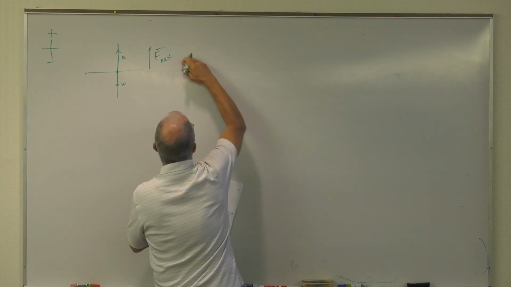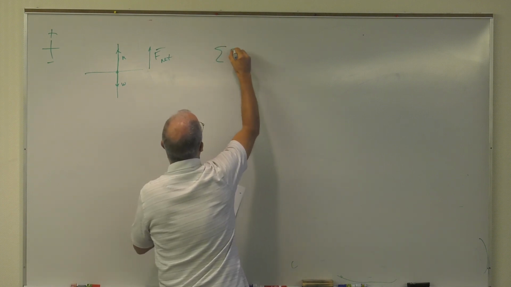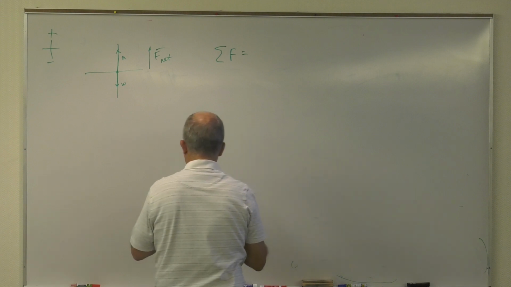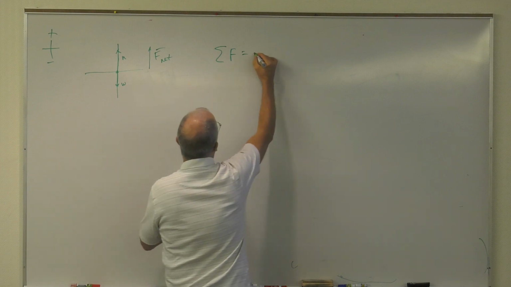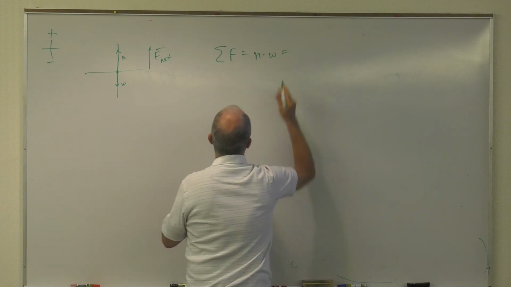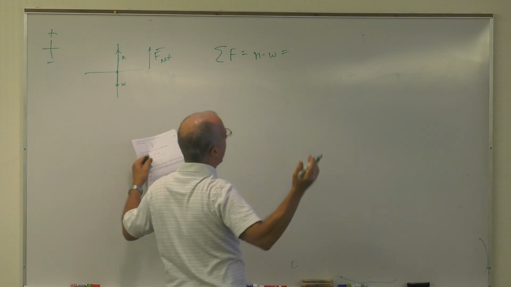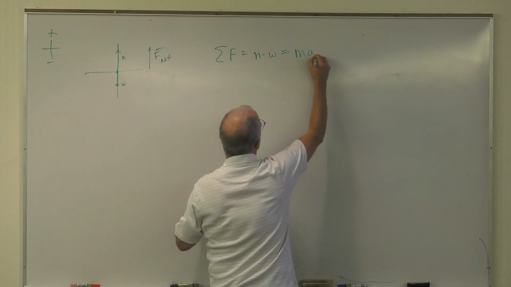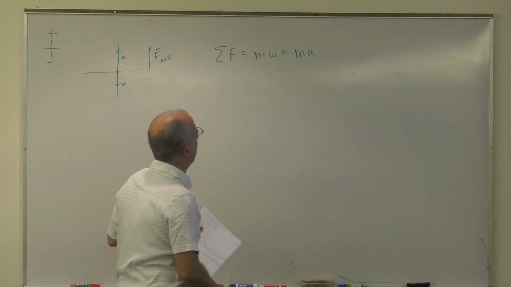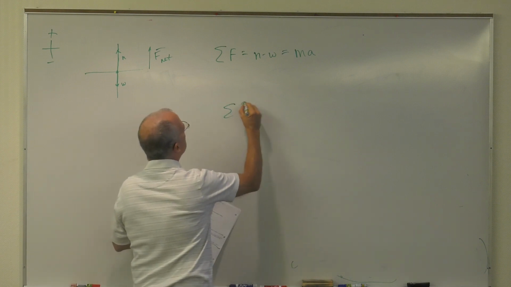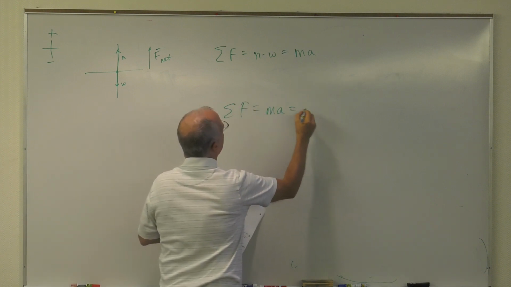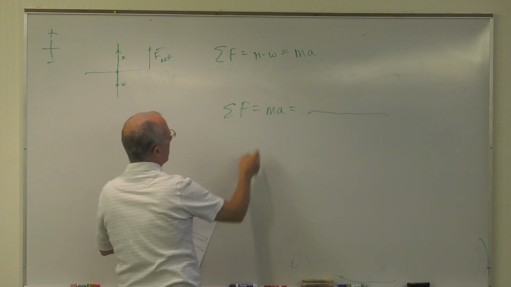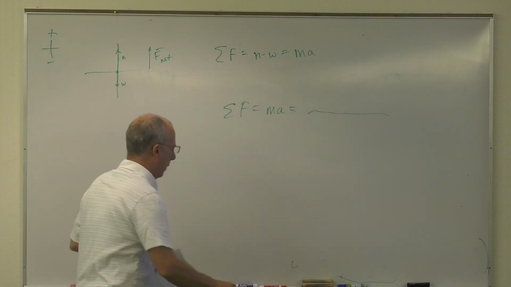So the sum of the forces: what's the sum of the forces? Well, it's N minus W, and that's equal to ma. Sum of the forces equals ma. Sometimes I write sum of the forces equals ma and then figure out what the forces are, sometimes I do it this way. Whatever you like is fine.